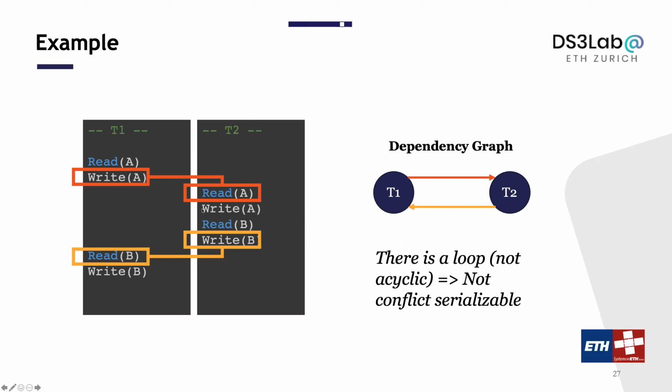Oh yes, exactly. So there's also a conflict between those two, so we should introduce an edge from T1 to T2. Okay, cool, thanks. So when you do this exercise, you need to find all the pairs. Here I show two pairs because that's already enough to give you a loop.